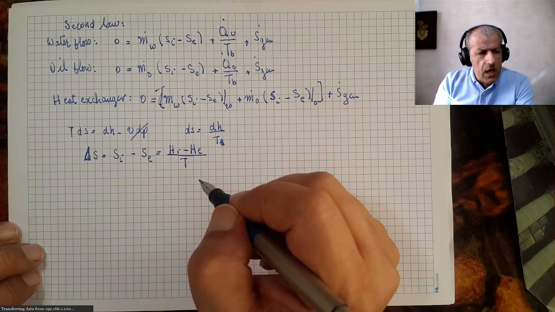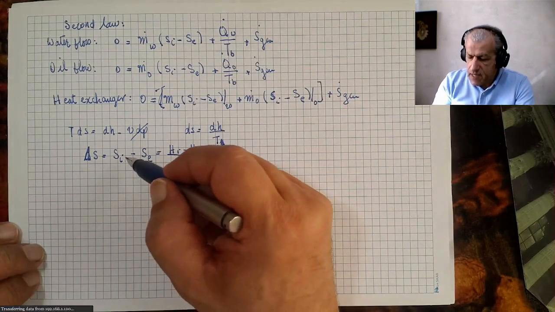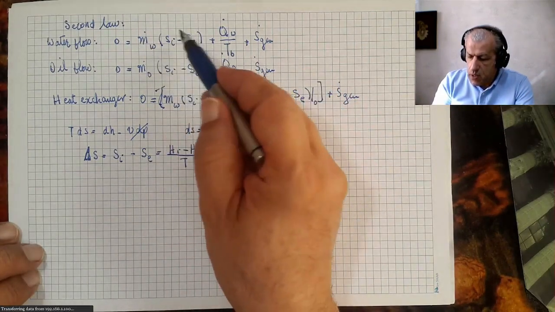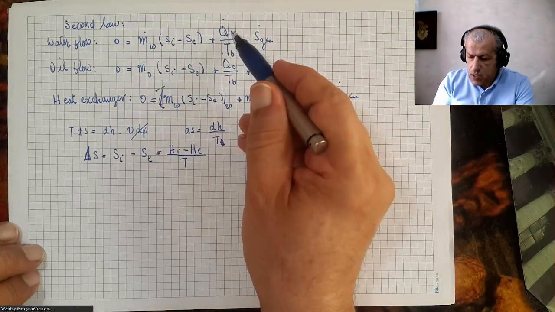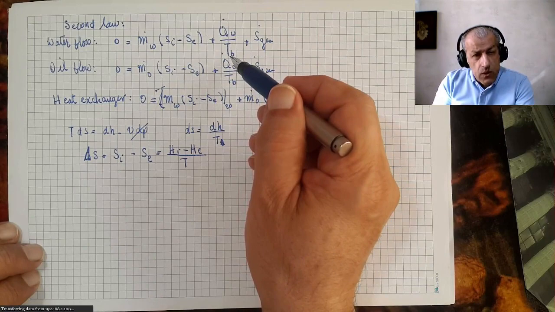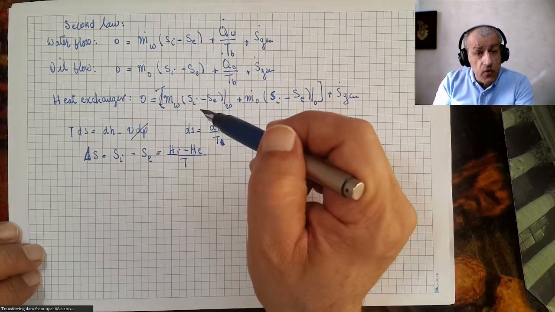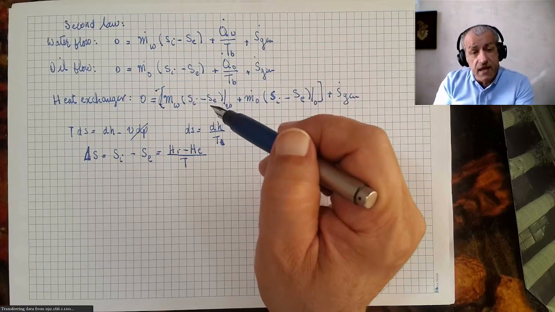What is Hi minus He? You see, this is Q dot. We have written an equation for this one, and we have come to an equation for this one. Therefore, what we can conclude from this is that S dot gen should be 0 for the streams themselves.